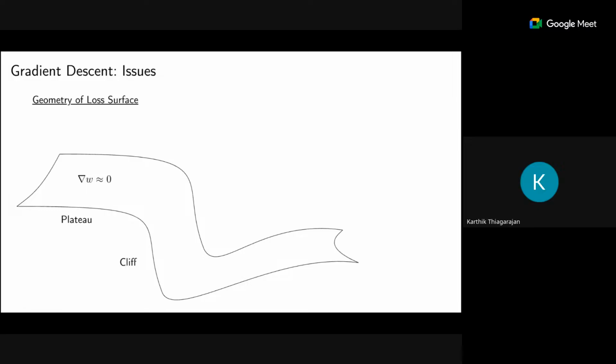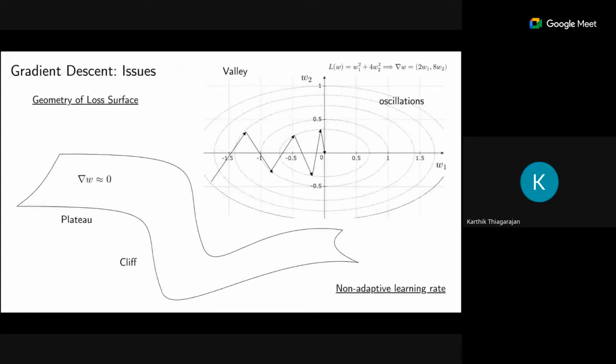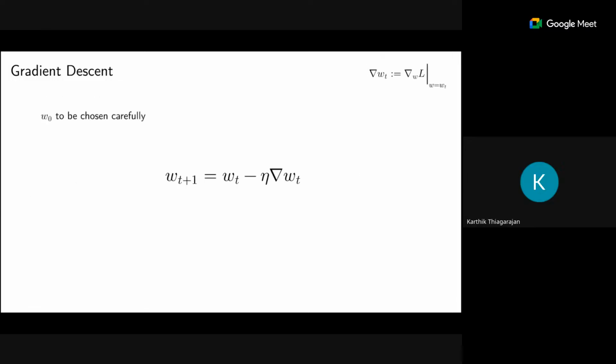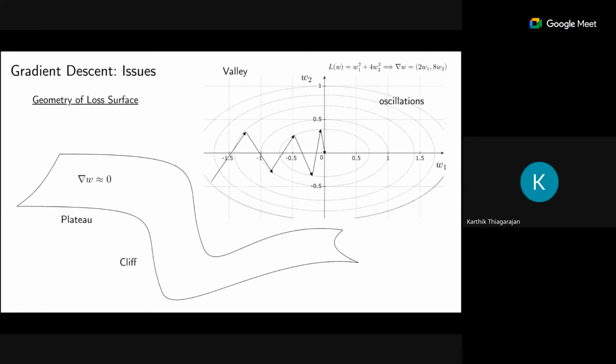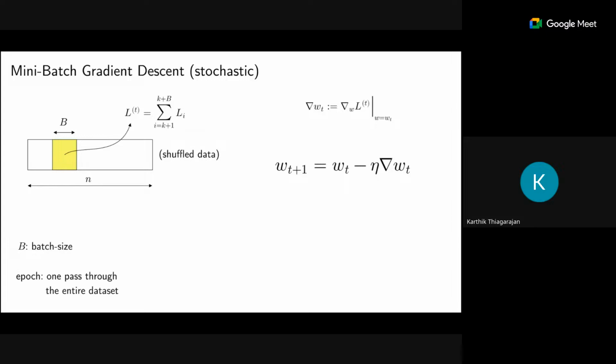Let me give you one instance where you don't shuffle. Assume for a moment that you don't shuffle, and these B data points happen to be data points that have label 0. They belong to class 0.